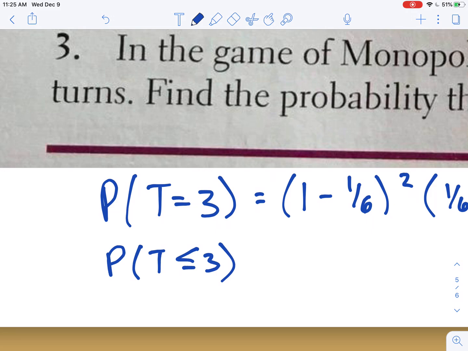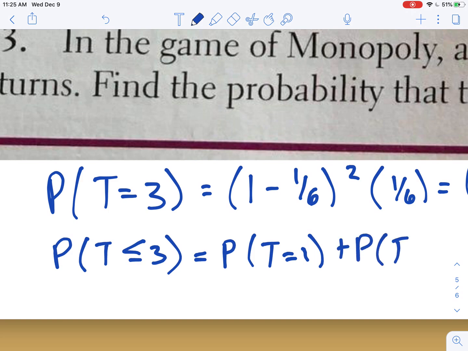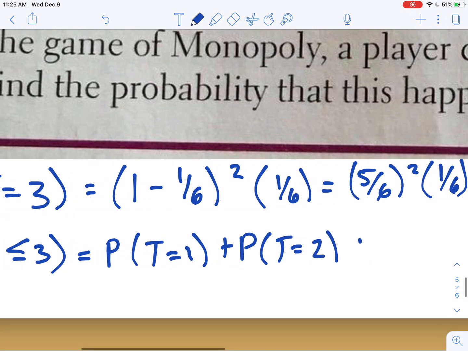If you roll doubles on your second turn, you got it. If you roll doubles on your third turn. So this is actually going to be the probability of T equal to 1 plus the probability of T equal to 2 plus the probability of T equal to 3.